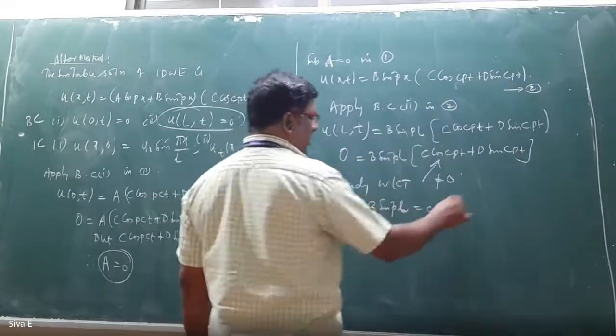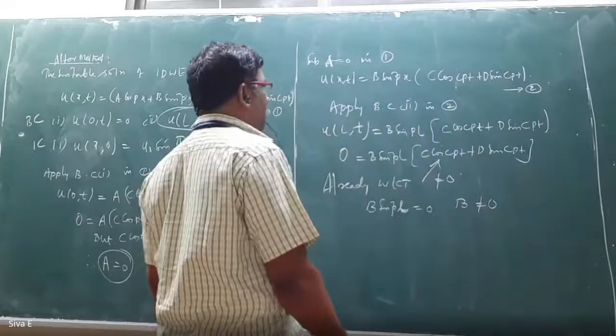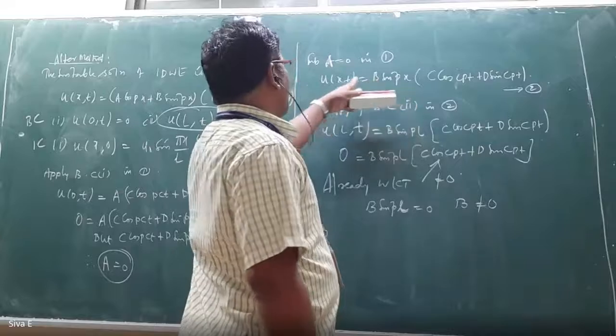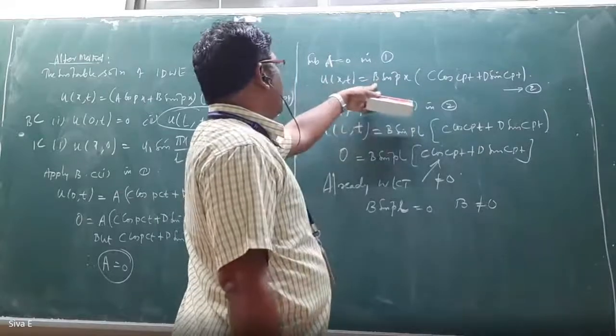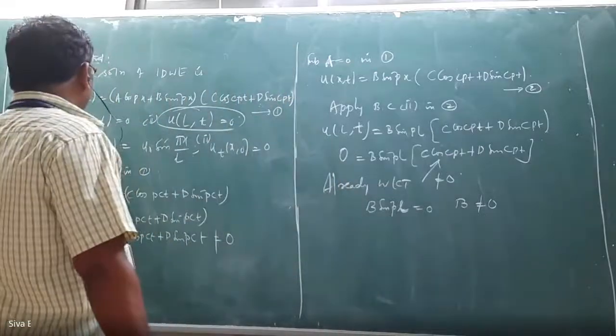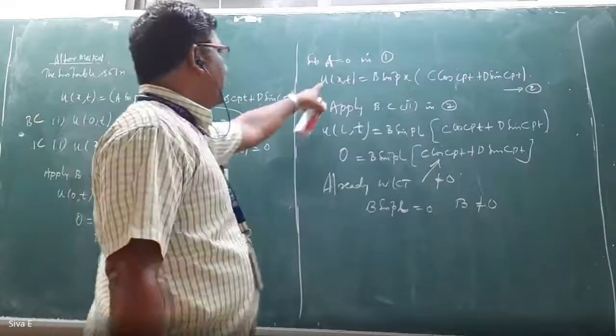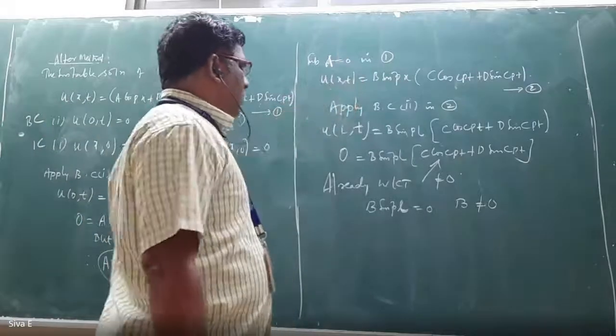Here also B is not equal to 0, since if B equal to 0, u(x, t) will be 0, but u(x, t) is not 0. u(0, t) may be 0, u(L, t) may be 0, but u(x, t) should not equal 0.